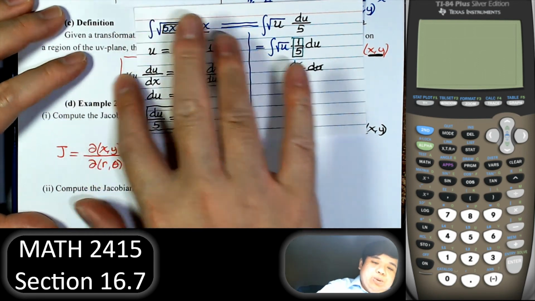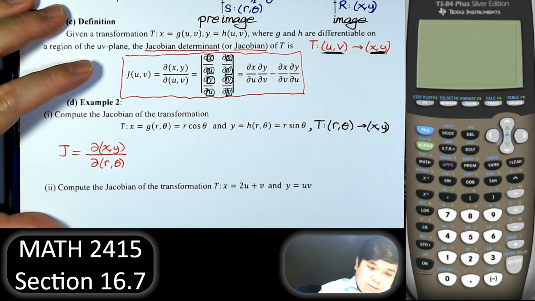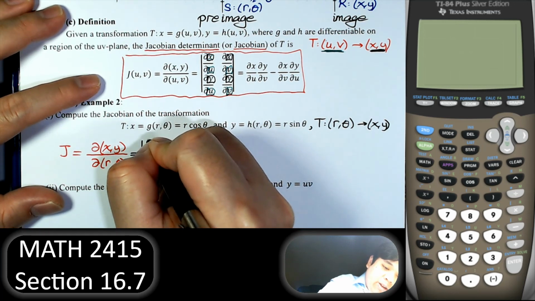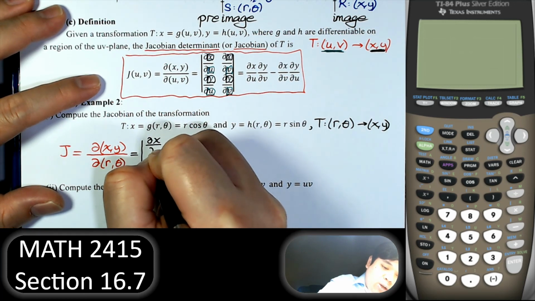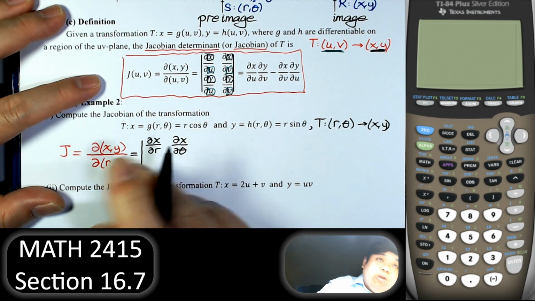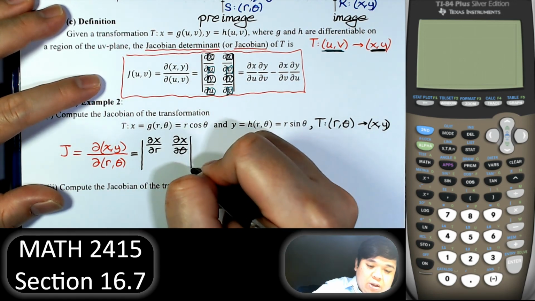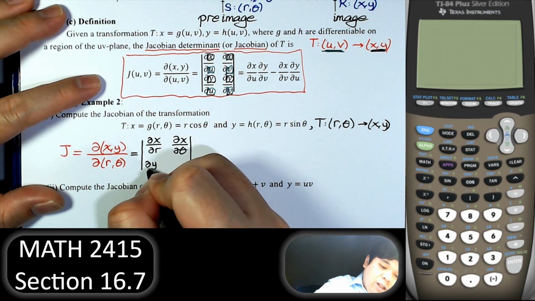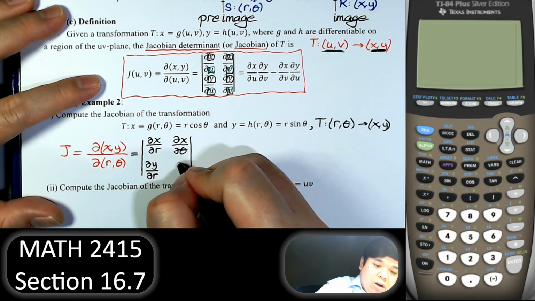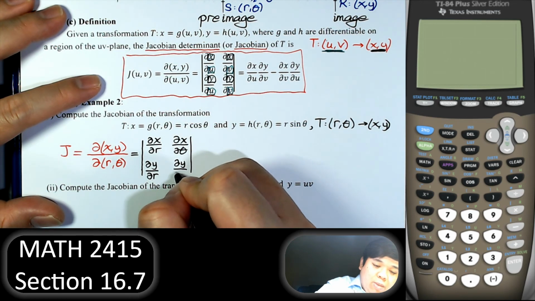If I spell it out, it will be derivative of x with respect to r, derivative of x with respect to theta. So for x, that's the first row, and then y, second row. First column is with respect to r, second column with respect to theta.